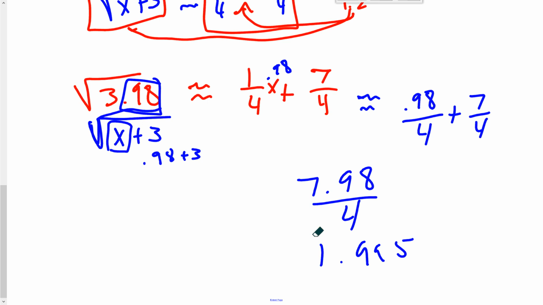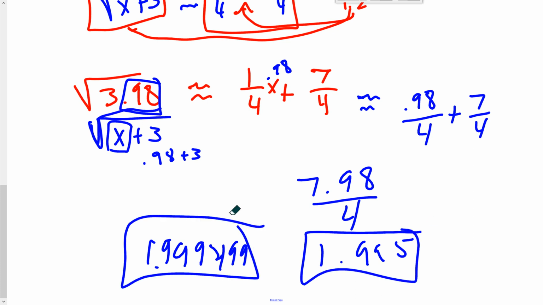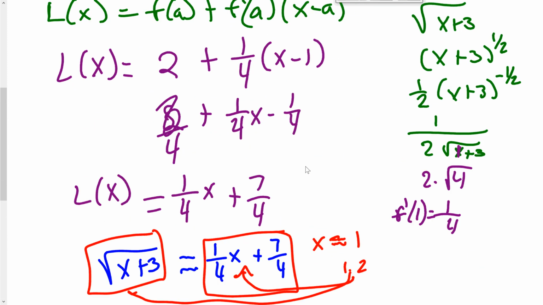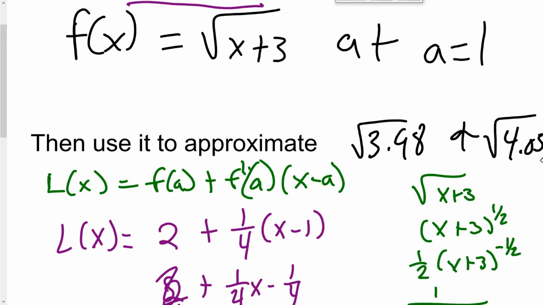And then if I do the square root on my calculator of 3.98, I get pretty close to the same thing, 1.99499, and then it kind of keeps on going. So it's approximately close. Okay, and then you can go ahead and try the other one yourself. So you can do 0.05.